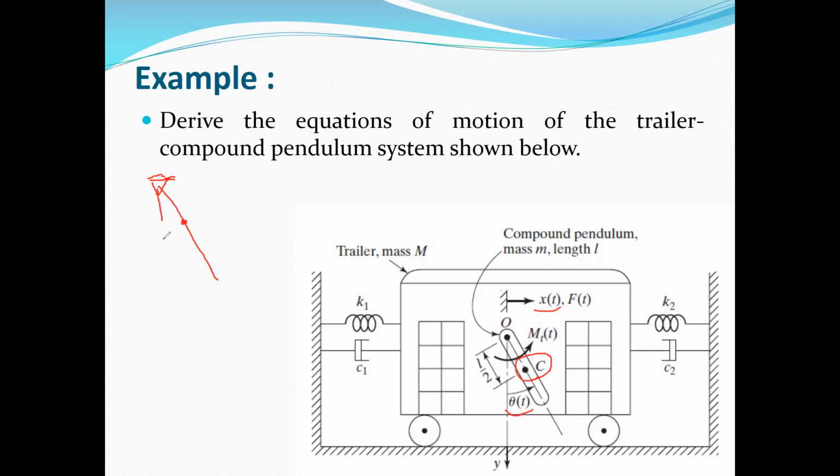If we assume this is the initial position for this mass center during the vibrating motion, this mass center will go up and down and its position will be changed.